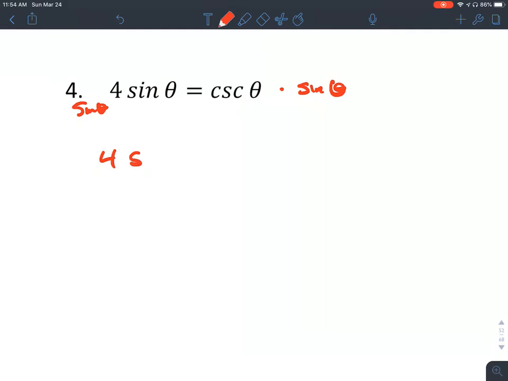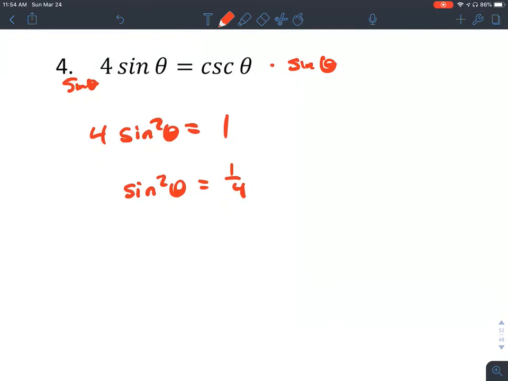On the left, that gives me 4 sine squared of theta. On the right, these are reciprocals, so we get 1. If we then divide both sides by 4, we get sine squared of theta is a fourth. Then if we were to square root both sides, we would get sine of theta is plus or minus 1/2.